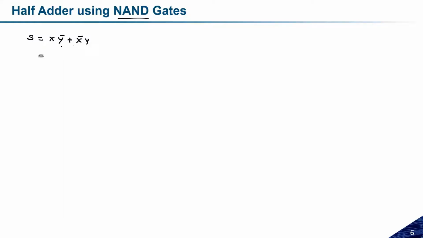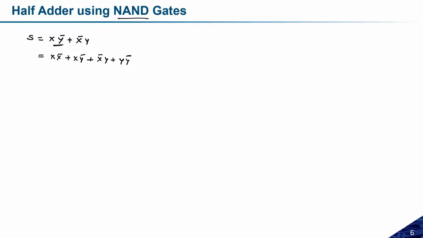Suppose I have this function, and if somehow I add x bar, there is no problem, because x x bar is always 0. Plus x y bar, which we already have, then I add x bar y plus y bar.